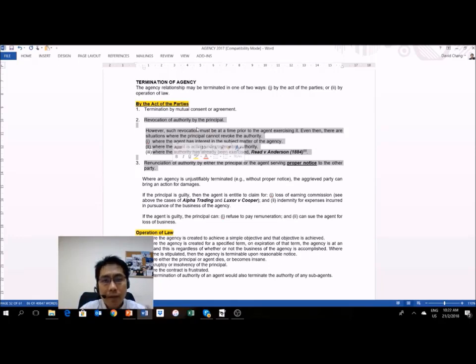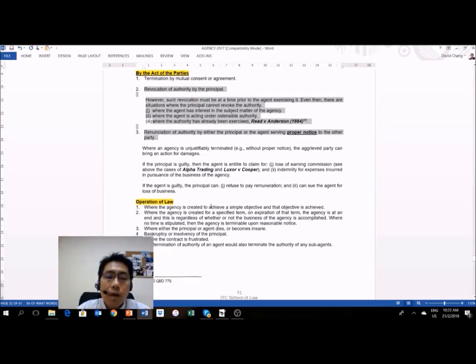Not so much breach of agency, but breach of contract, right? So what you want to understand is that there will be two concurrent models, so to speak. One is agency and the other is contract. And this is how we understand termination of agency, as well as the relationship between contract and agency.